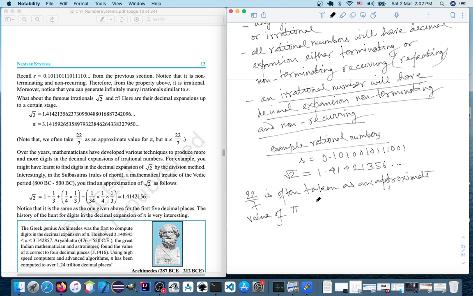Basically, pi is the ratio between the circumference and the diameter of any circle. You take any circle of any radius, measure the circumference and the diameter and take the ratio, and that value is denoted as pi.